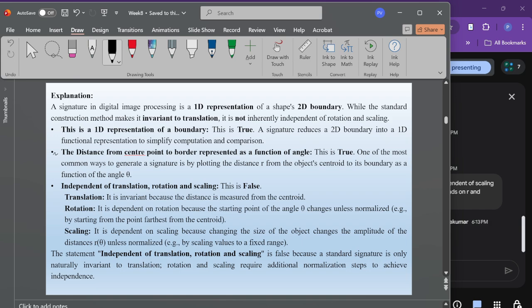And it is also dependent on scaling, because changing the size of the object changes the amplitude of the distance, that is r of theta, unless it is normalized. So the statement is false because a standard signature is only naturally invariant to translation; rotation and scaling require additional normalization steps to achieve independence.